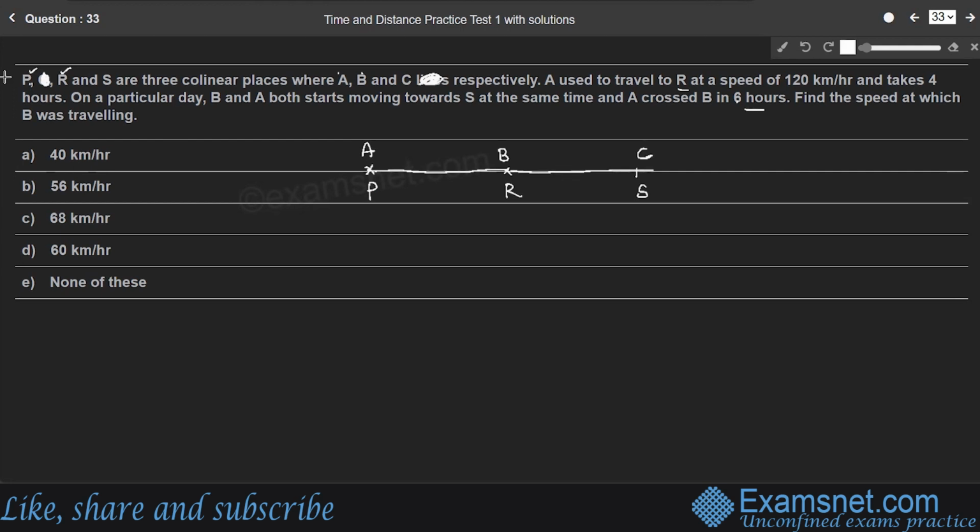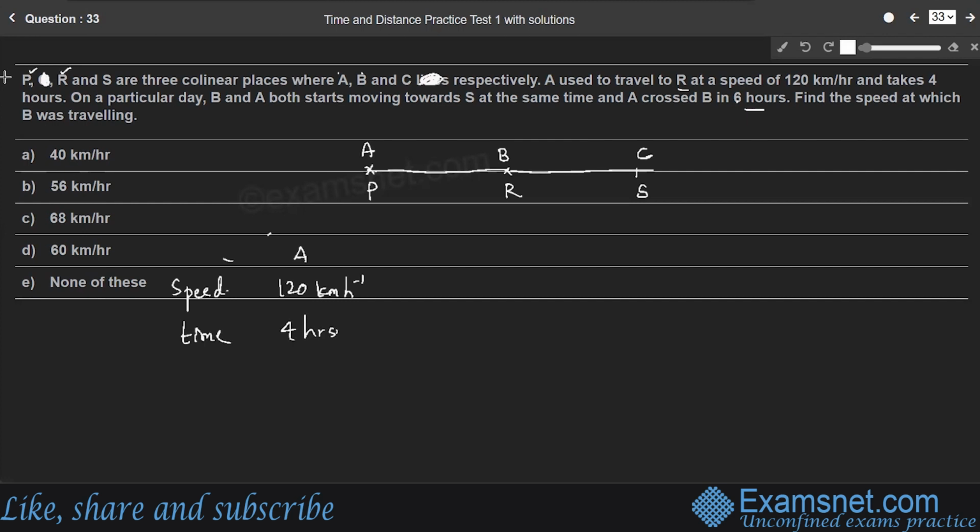So here A used to travel to R. That means A is traveling towards R at a speed of 120 km per hour. So here the speed of A is 120 km per hour, and A takes 4 hours of time. So the time taken by A is 4 hours.